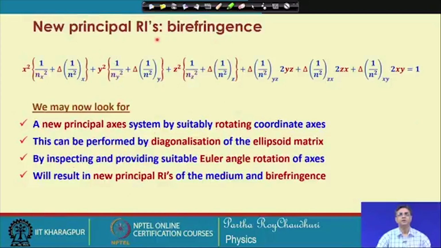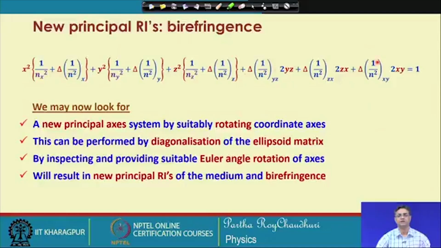So, the new principal refractive indices, and hence the birefringence, can be evaluated from this equation, because under the influence of the electric field we have the ellipsoid equation, and from there we know how to find the principal axis system and the corresponding principal refractive indices. Having this equation in hand, we can look for the new principal axis system by suitably rotating the coordinate axes, and this can be performed by diagonalization of the ellipsoid matrix.